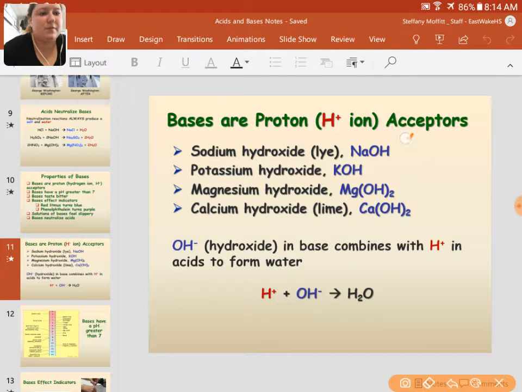So all of these hydrogens right here are because this part accepted that hydrogen. Hydroxide, which is OH, is in a base, combines with H plus in acids to form water, and that is how it neutralizes.